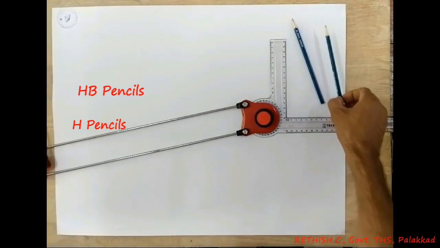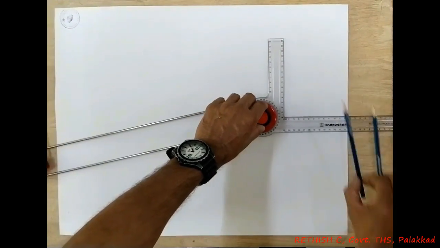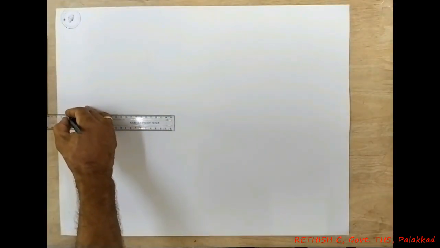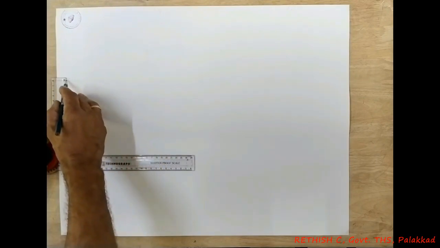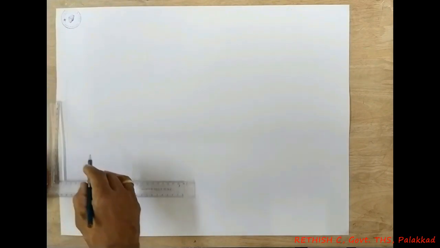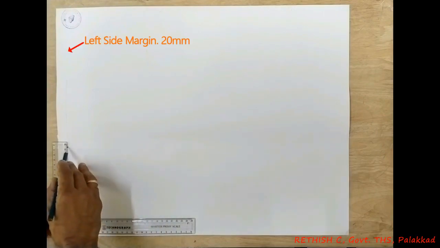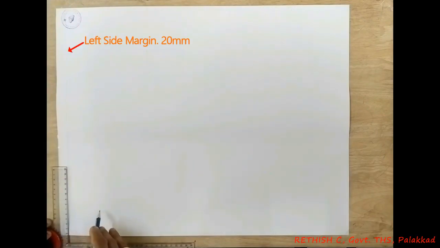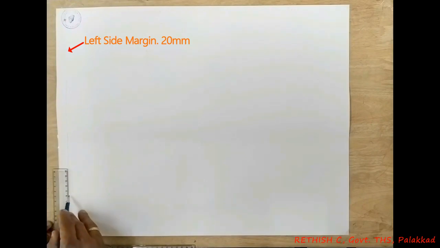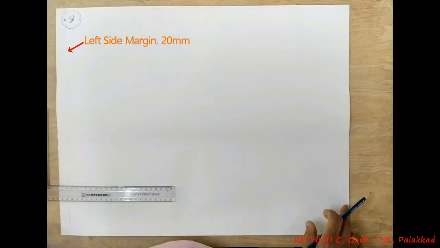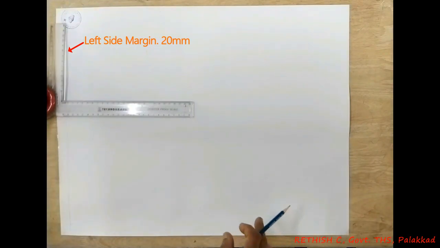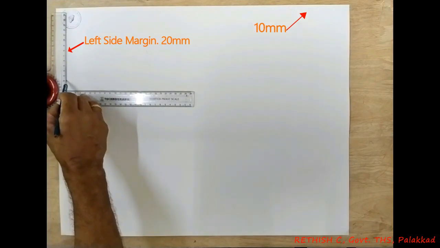So let us go to draw the margin. Let us draw the left side margin first. Here we have to take 20 mm and we can draw the line. For the rest of the three sides, it is 10 mm, and we can also draw the three sides margin.